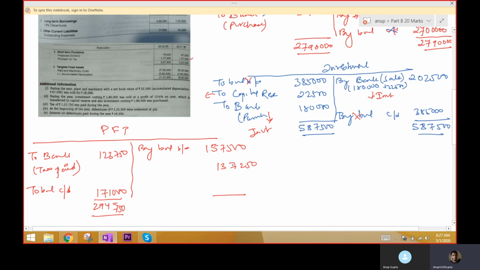Okay, now the balancing figure on the credit side means the provision for tax will increase, because it's a liability. A liability when credited is increasing. So a provision will only increase when a new provision is made. So write: by new provision made from statement of P&L, in the bracket, provision made, 2,94,750.